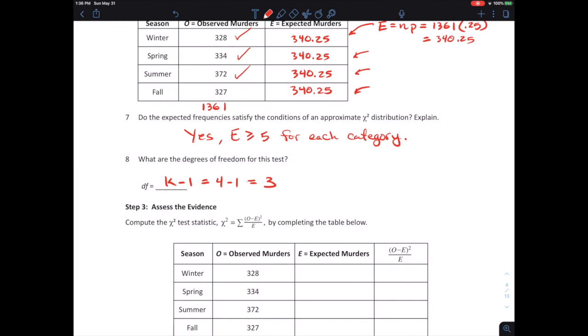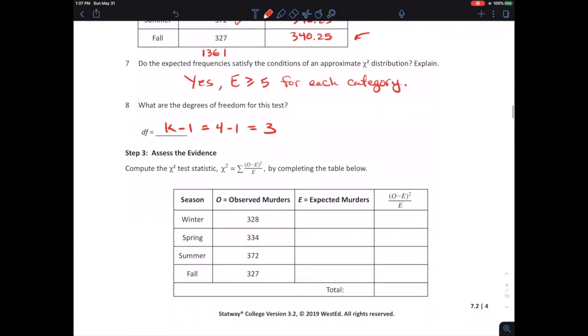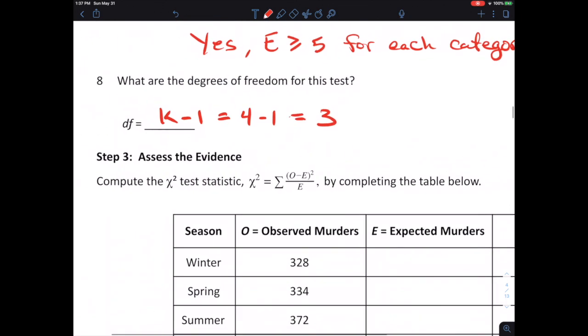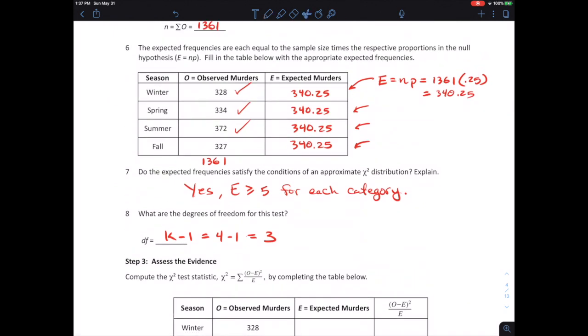Let me know. And now we have to start working on the chi-square statistic. You have to do O minus E squared divided by E for each category and then add that up. Okay, so I'm going to paste all the expected frequencies down from up here.